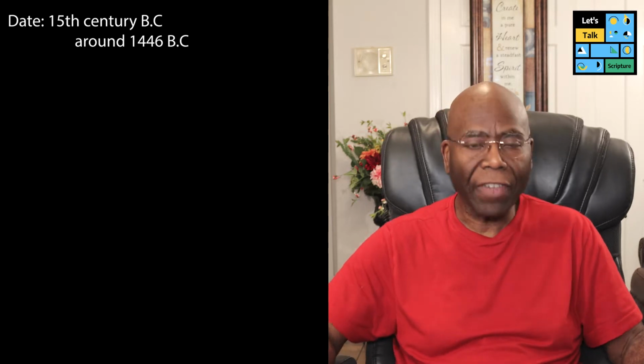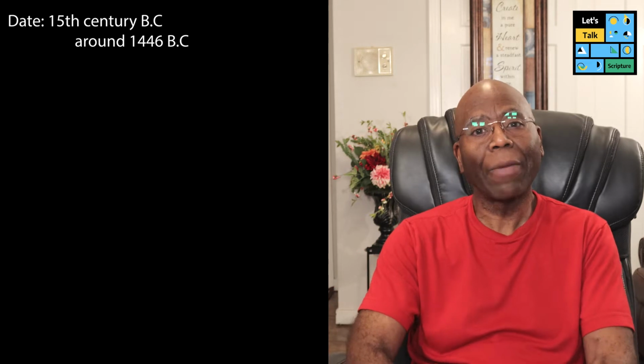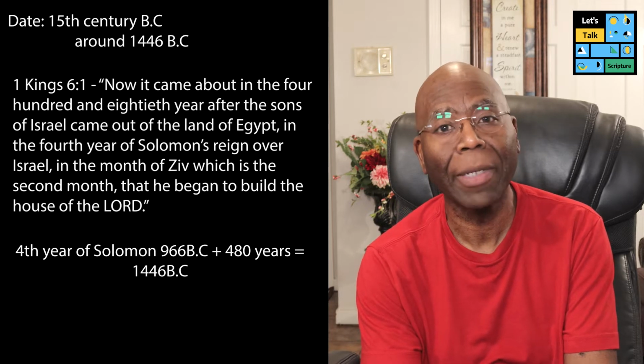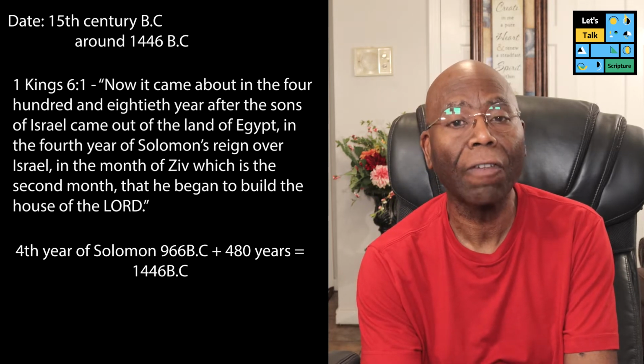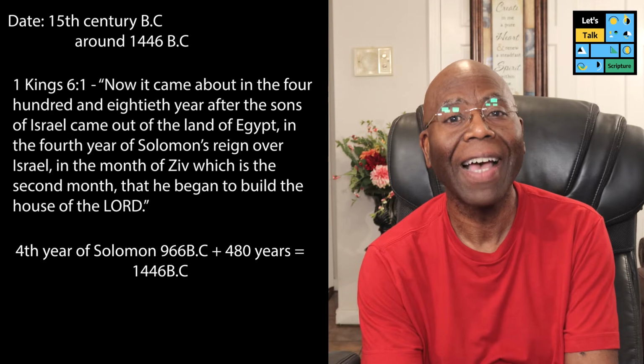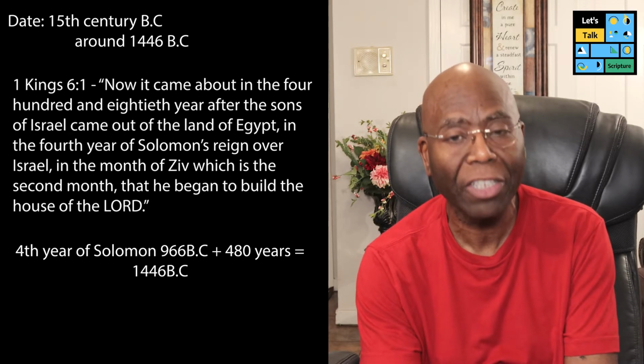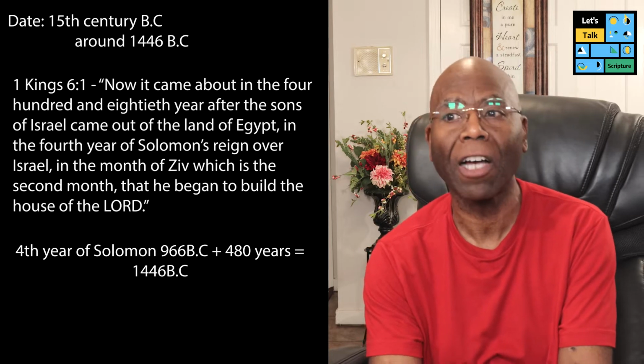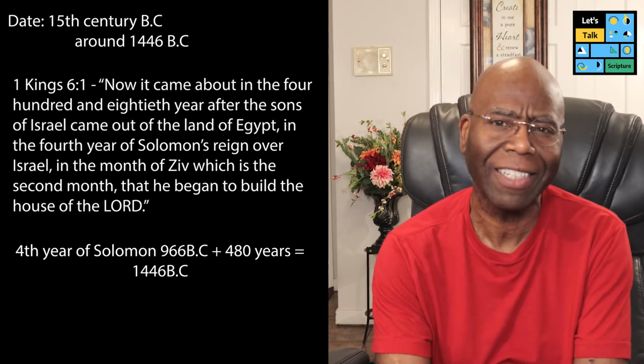Let's talk about the date of Exodus. The date of Exodus is approximately 1446 BC. And we get a good understanding of this from 1 Kings 6:1, where it dates that Solomon built the temple of God 480 years after the children of Israel left Egypt, which gives us a date of approximately, what was it, 966 BC.